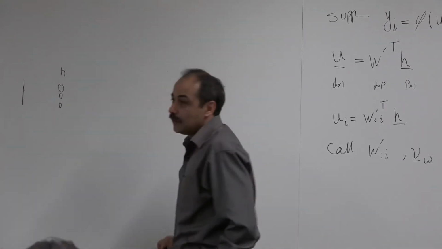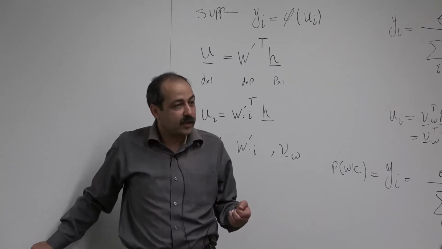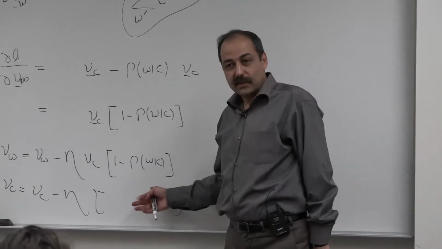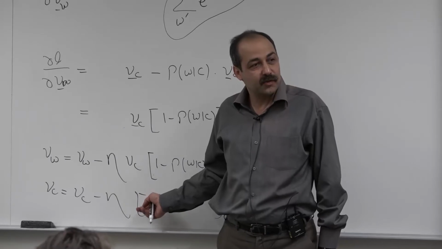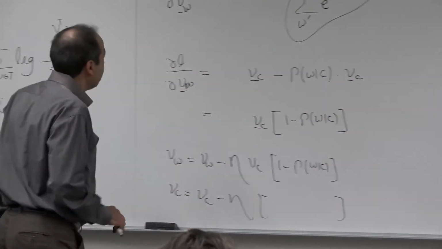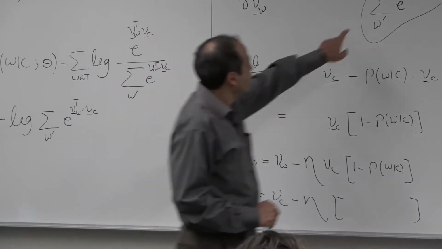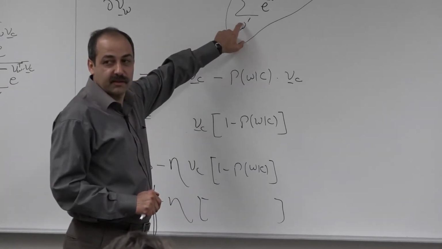However, in the software of Word2vec, that's not the optimization that they're doing. This optimization for a large corpus is intractable. You can't do it in practice. And the reason is this normalization factor.